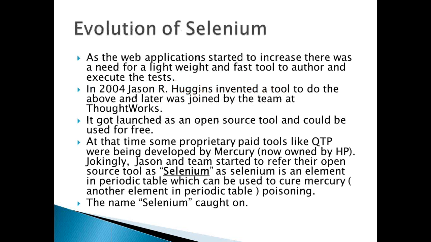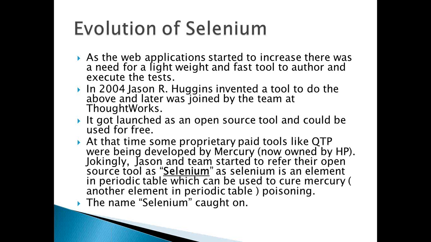So let me give you a brief history of the evolution of Selenium. There was an era when desktop applications were very popular, and as computers became more mainstream and internet usage picked up, web applications became really popular.